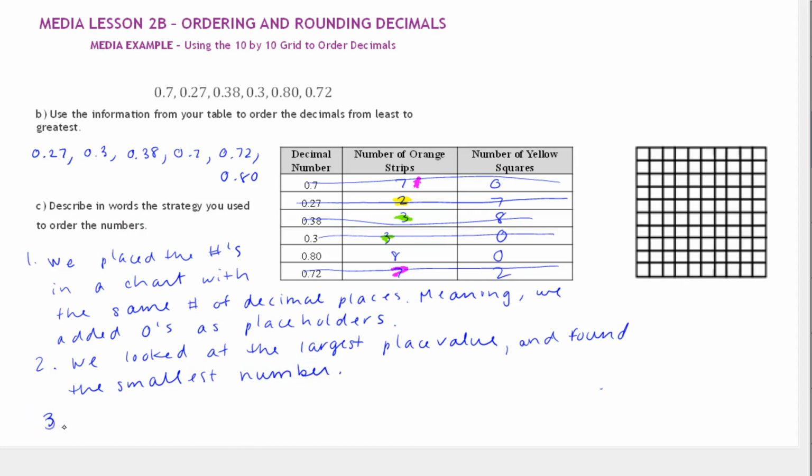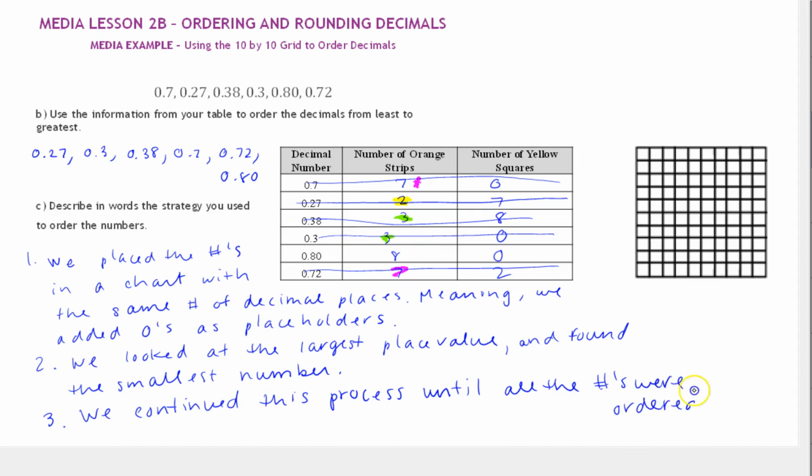And for part 3, we continued this process until all the numbers were ordered. So in some cases, we compared the largest place value and then we had to look at the next largest place value. So I didn't write all that information in here, but this was our general strategy.